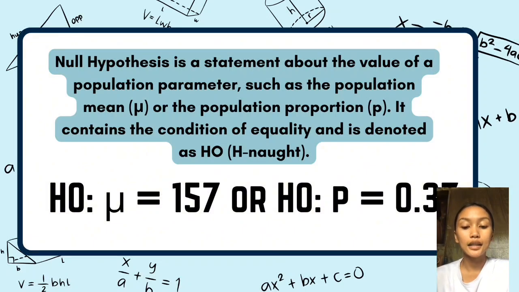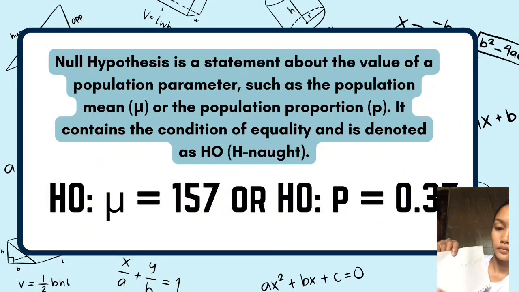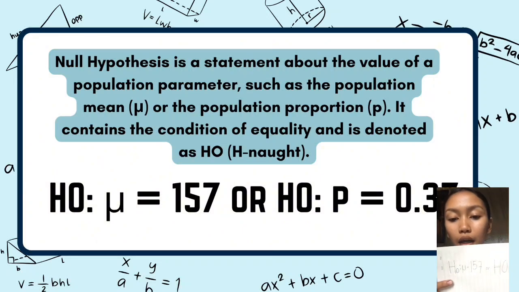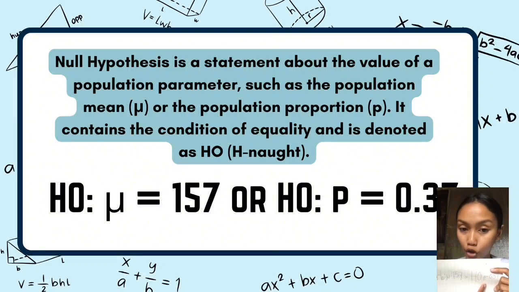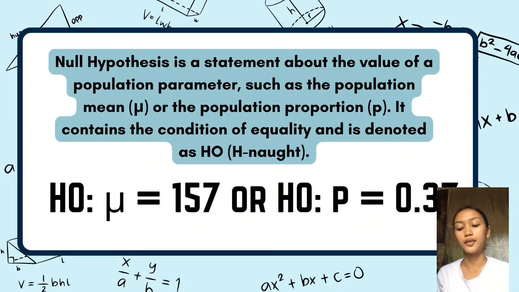It contains the condition of equality and is denoted as H naught. For example, H naught: the population mean is equal to 157, or H naught: the population proportion is equal to 0.37. So these are examples of a null hypothesis.